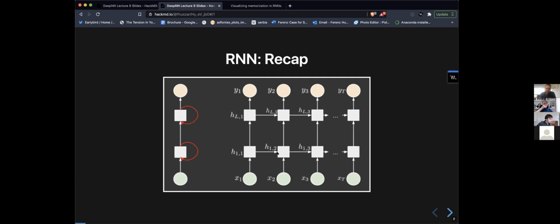The main action happening in a recurrent neural network is the hidden state update rule. These blocks here are the hidden states. H12 is the first hidden layer activation at time step 2.